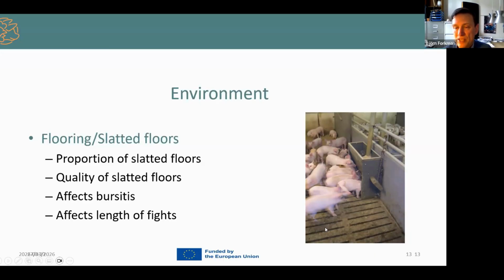And because it's more slippery, it makes it harder for pigs to fight. When I say it makes it harder for them to fight, I don't mean that they fight less, rather the reverse. Because it's harder to fight, it's harder to determine who is winning the fight. They will continue fighting for longer. So poor floor quality actually increases fighting bout length, which of course you don't want.